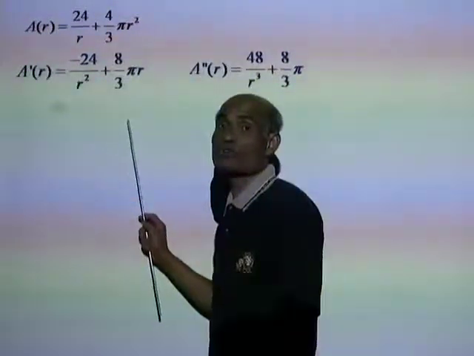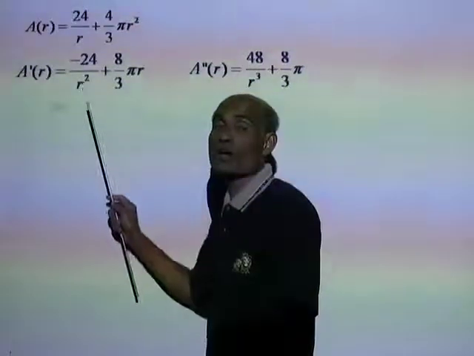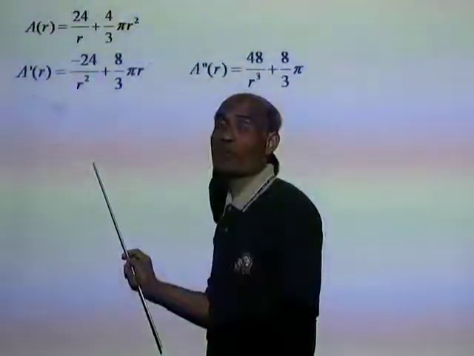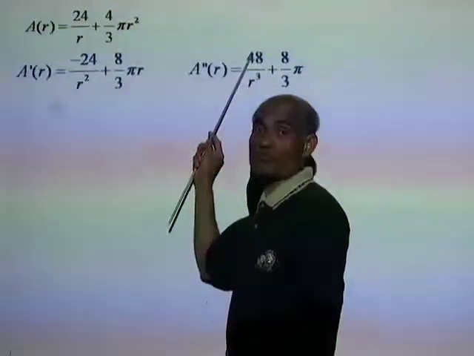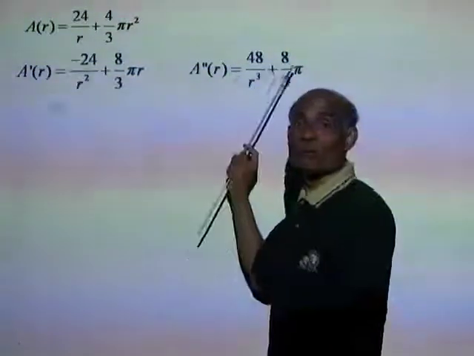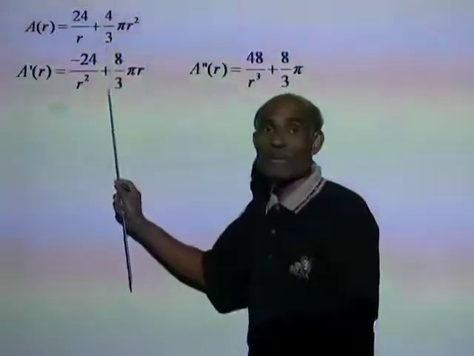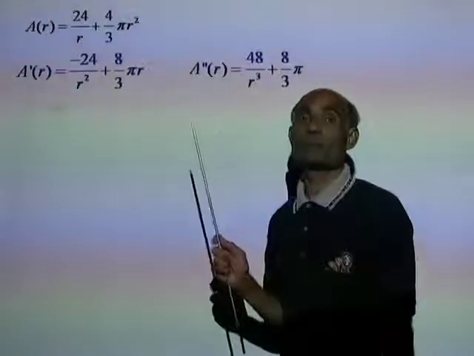So that will be on the numerator, 48r. The denominator will be the square of r squared, r to the power of 4. 48r divided by r to the power of 4 is 48 over r cubed. Plus the derivative of 8/3 pi r is 8/3 pi.